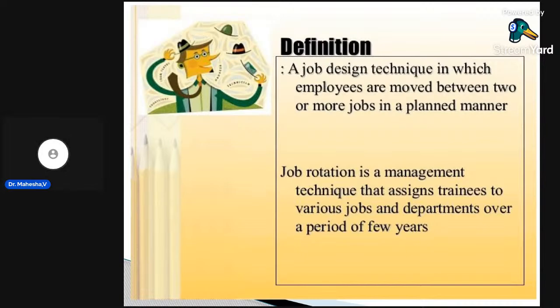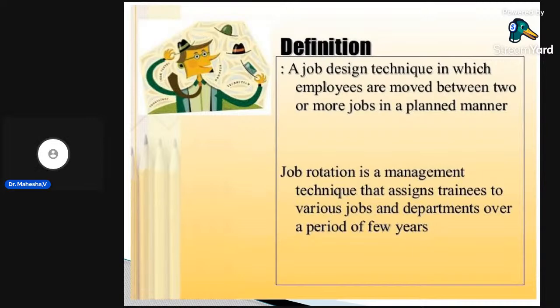Or a better example, take KSRTC. You might have seen on the nameplate, driver cum conductor. In some buses, the driver, before starting his vehicle, does the conductor duty. He issues the tickets, and once the ticket issue is over, he rides the vehicle.